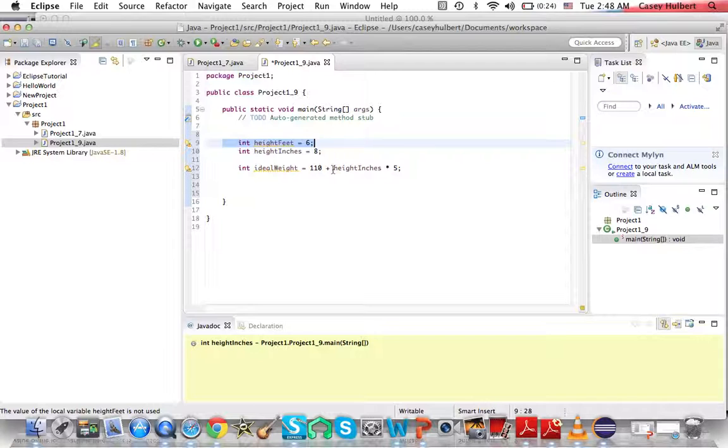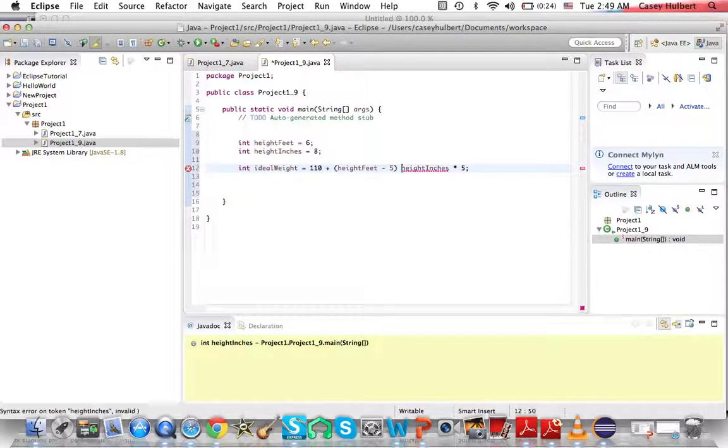So we're going to put a parenthesis, copy the height in feet, paste that inside the parenthesis, and then minus 5, right?